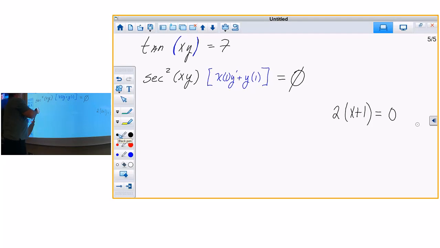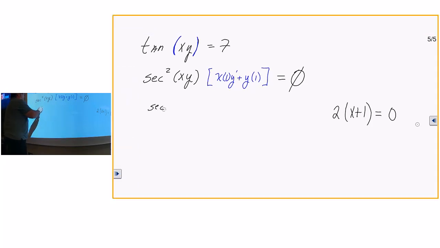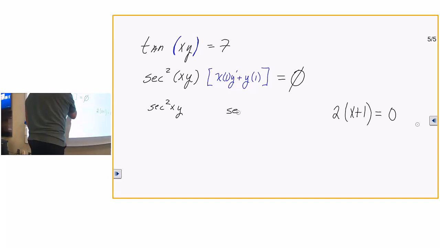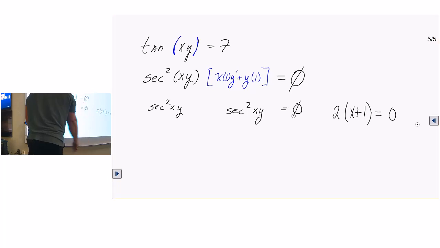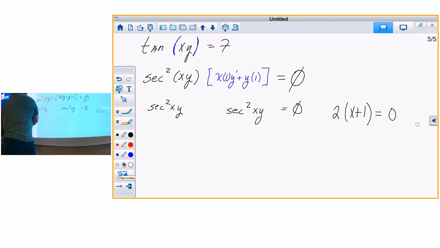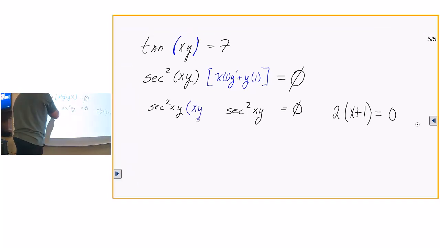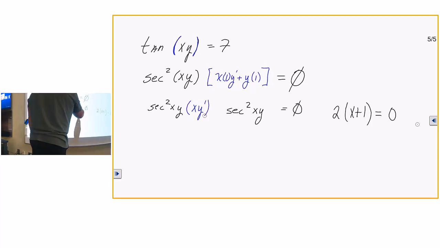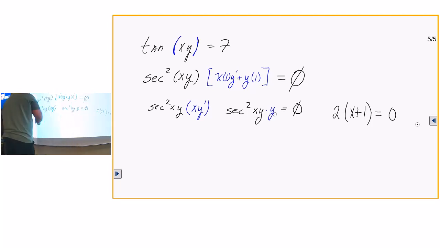So that's going to give me secant squared xy, secant squared xy equal 0. And I'm going to go back and put in parentheses here xy prime, and here I'm going to put y times 1. Okay, everybody see what I did? And there's supposed to be a plus there.